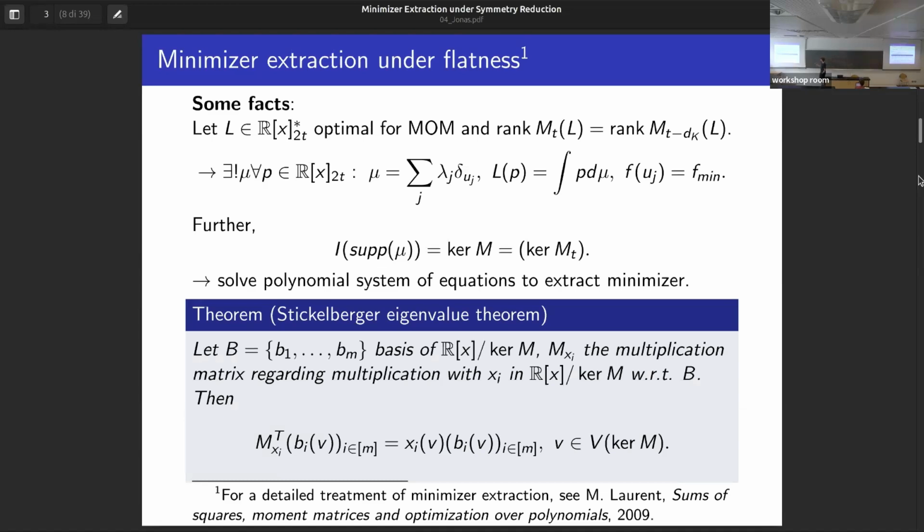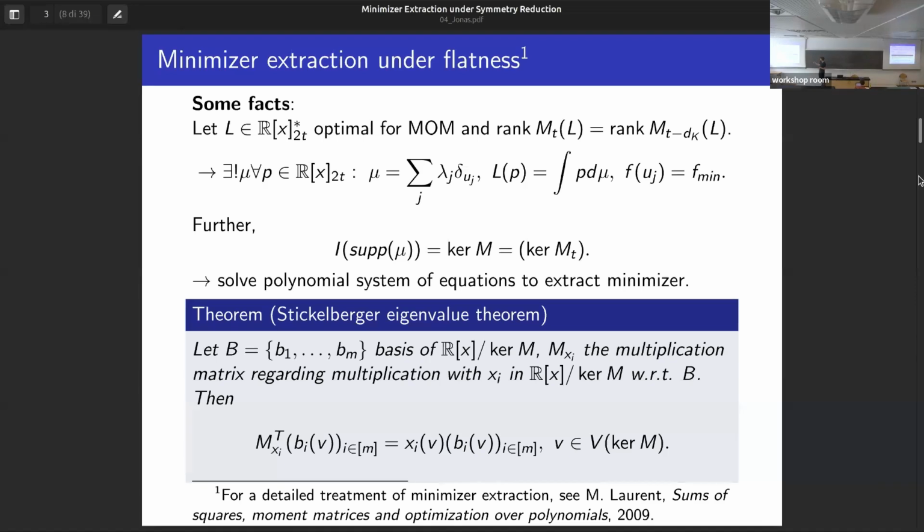So the key idea is you want to work in this quotient space, where you quotient from the polynomial ring the kernel of the moment matrix. And then in this quotient space, you want to consider the multiplication with the different xi. Because the quotient is going to be a finite dimensional vector space, and in fact, the basis of it you can just read from your moment matrix by looking at a maximally non-singular submatrix.